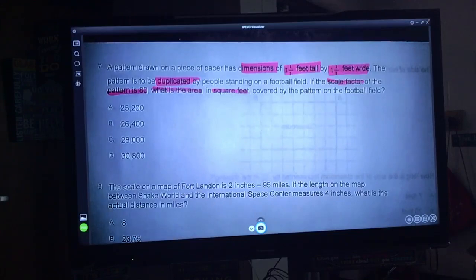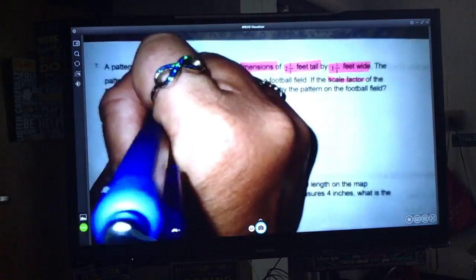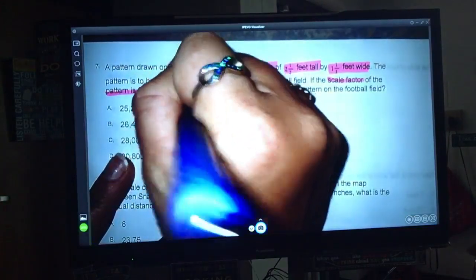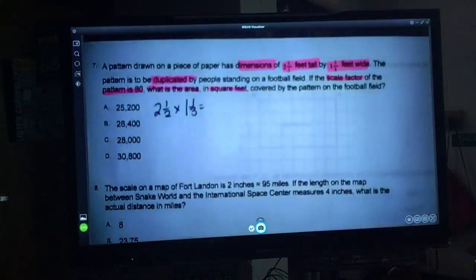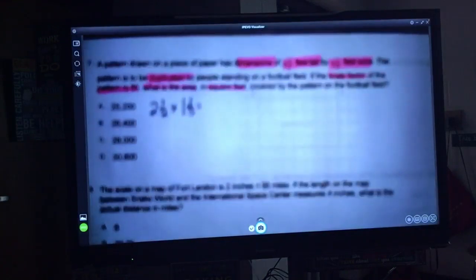If you have that answer, simply stand up. So the area, essentially what you're trying to find is 1.5 times 1 1/3. When you have that answer, or if you have that answer already, sorry, stand up for me.